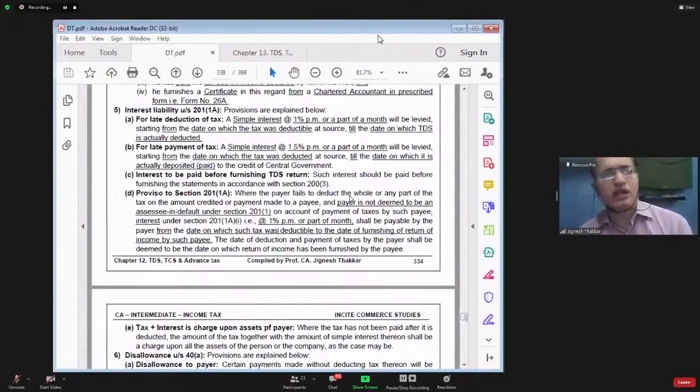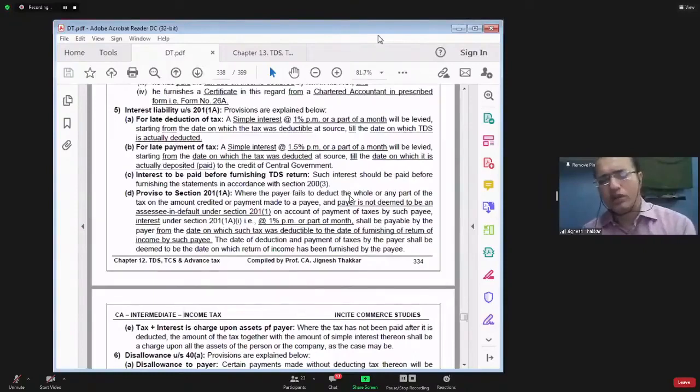I am explaining to you that if the payer has failed to deduct TDS, or he has deducted TDS but has not paid the TDS amount to the government, in that case, the payer has to face 4 consequences. Consequence number 1, deduction for expenditure will be disallowed to the payer.